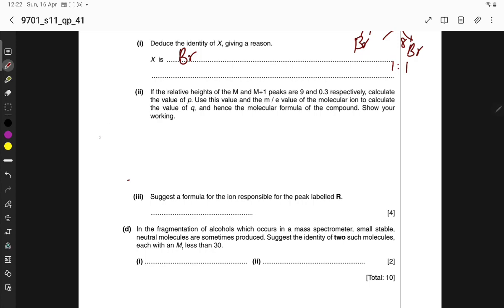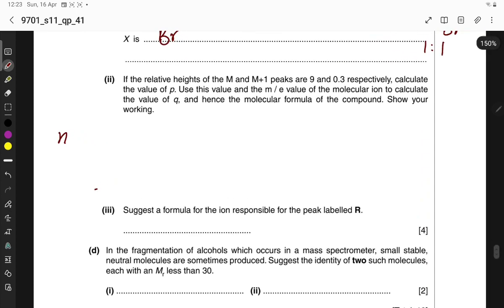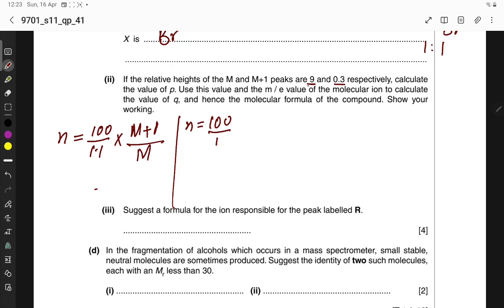N is equal to, first find the number of carbon atoms by using this formula: 100 over 1.1 into M plus 1 divided by M. The M and M plus 1 peaks are 9 and 0.3, so N is equal to 100 over 1.1 into 0.3 divided by 9.